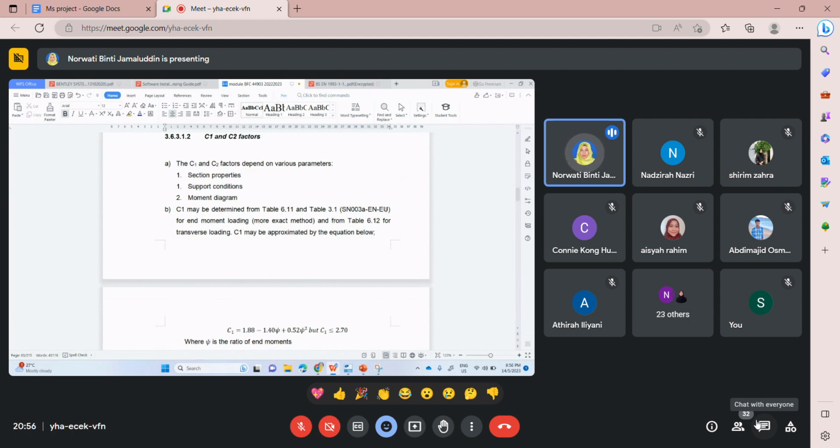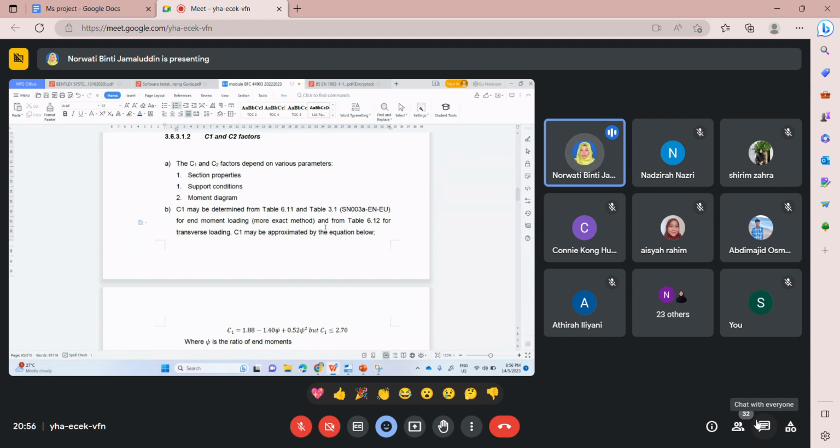All the information I already put in my module, but the original document you can refer to is SN003A-EN-EU. You can look for this document free, you can Google it, and then read. It will explain about C1, C2 and MCR.